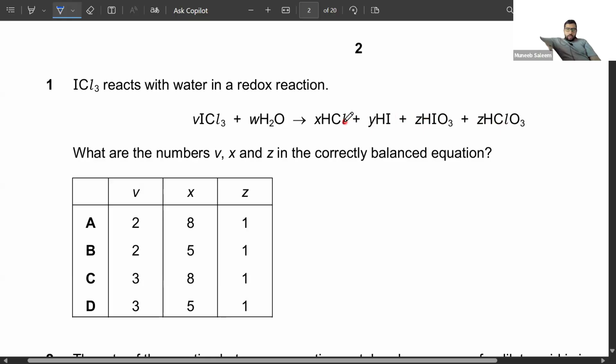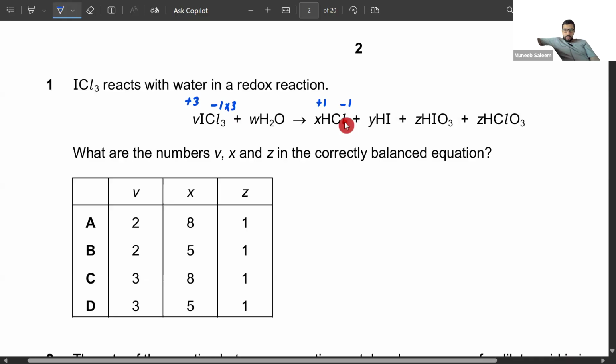Even if you try to use the oxidation numbers method, let's suppose one chlorine atom has -1 oxidation state, times 3 will give you -3, and iodine will become +3 here. And on the right side, the chlorine is -1 over here, hydrogen is +1.